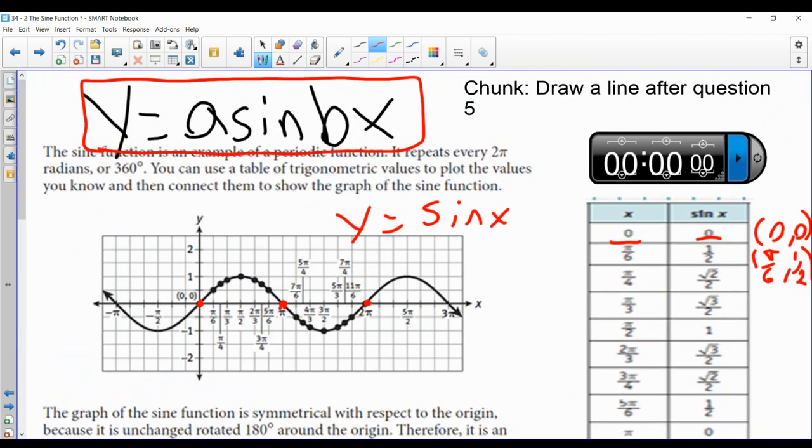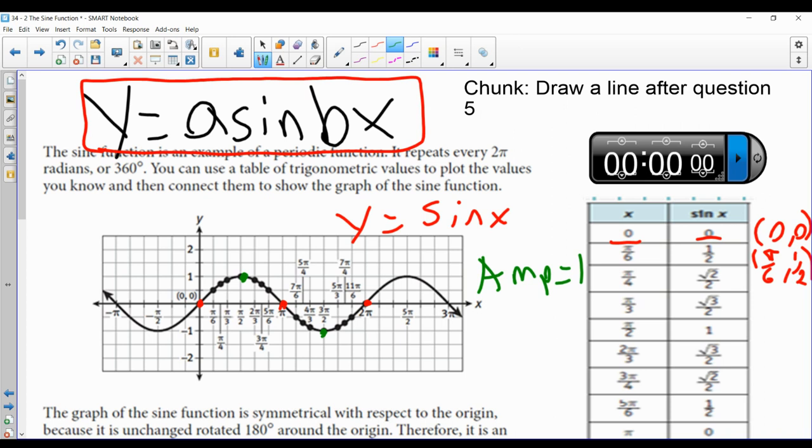Next, we have a couple of key points here. For example, we have an answer of 1, and we have an answer of -1. Those are our max and our min. That's the highest and lowest points this graph gets. Because of that, we can assume our amplitude right now just equals 1.